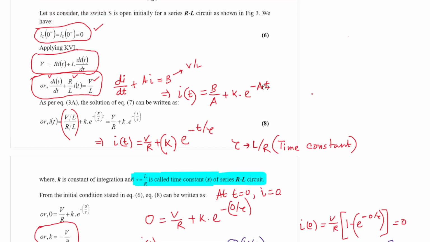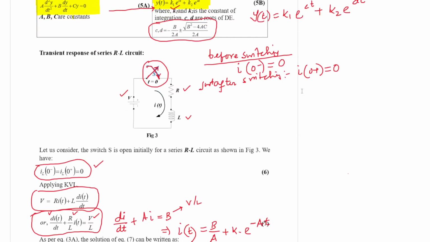Tau is equal to L by R. So for a series RL circuit, the time constant is equal to L by R seconds. So it is actually the response of the series RL circuit.